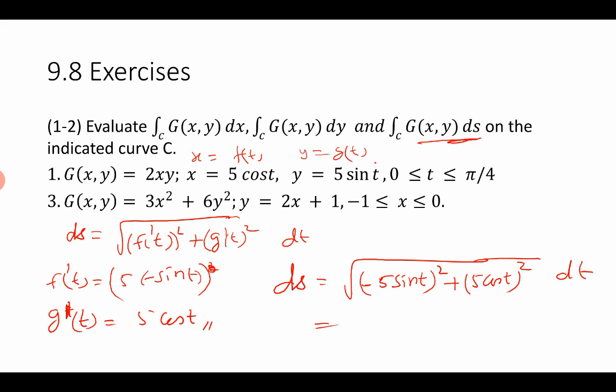square root of negative pi sine t whole square plus pi cosine t whole square times dt. So this is pi square under square root will be pi outside. So this is sine square t plus cosine square t dt, and you will get this term as pi dt.